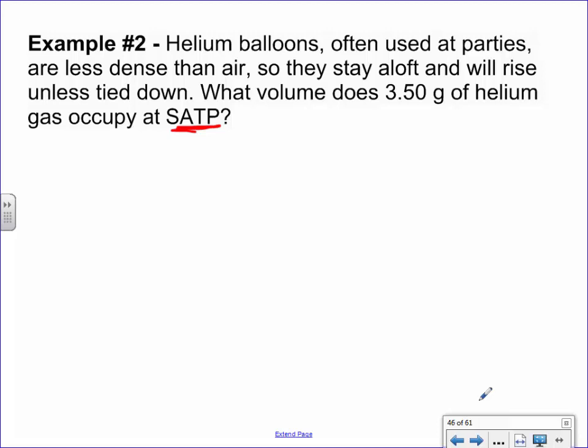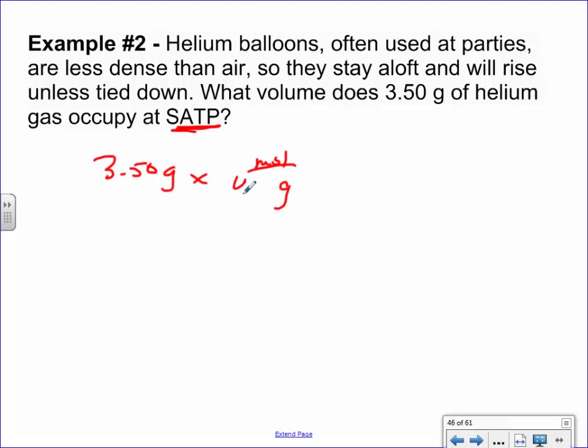Okay, so here's my question here. If I tell you how heavy your helium is, we can figure out how much volume it takes up. Here's how you might go about solving this. You'd take your 3.50 grams, and you'd say, we don't usually work with grams though. What's a more chemistry applicable unit? Well, yeah. So however it is that you convert from grams to moles, let's do that. I think helium gas is 4.00, right?